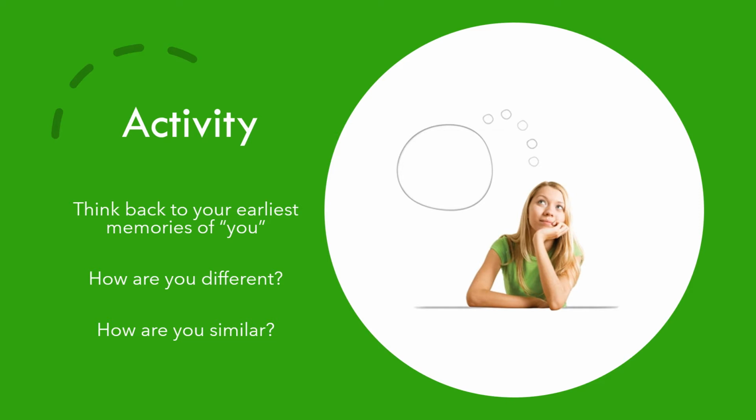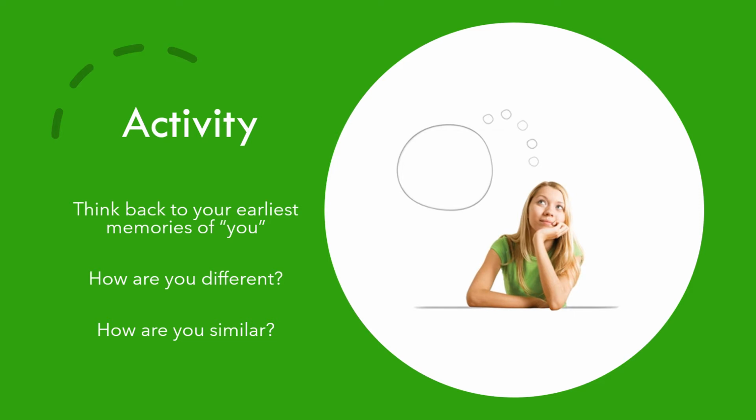One of the best ways I've found to introduce students to this topic is to have them break out into groups and do kind of an odd activity. This activity asks students to think about the youngest version of themselves that they have a clear recollection of.